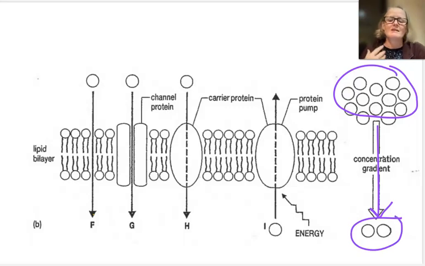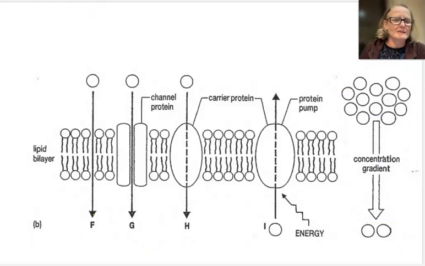This is moving down their concentration gradient, and there are 3 examples here of that happening, and this is passive movement. So let's have a look at 3 ways that this passive movement can happen. The first one that you can see here is movement without any help from any proteins.